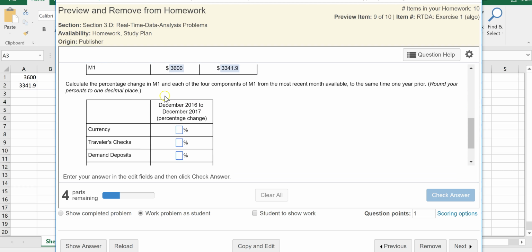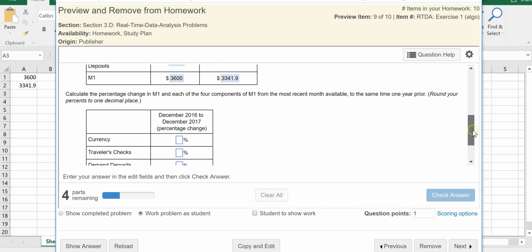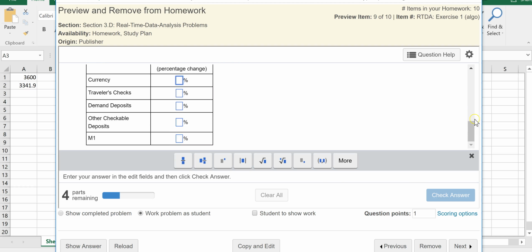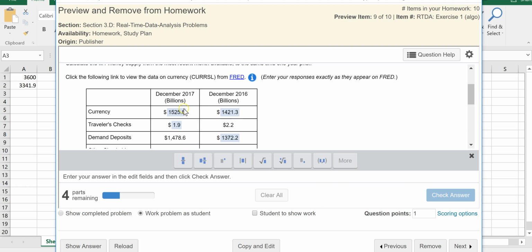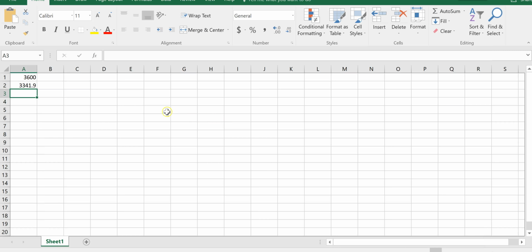Then calculate the percentage change in M1 and each of the four components of M1 from the most recent month available to the same time 1 year prior. So currency goes from 1421.3, sorry, this is the earlier time period, to 1525.8.